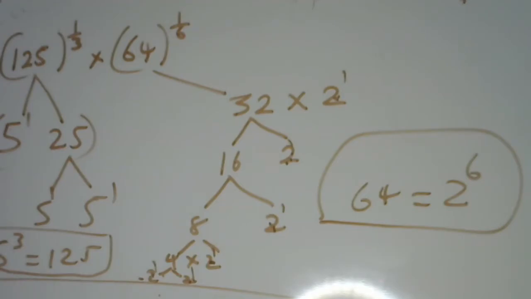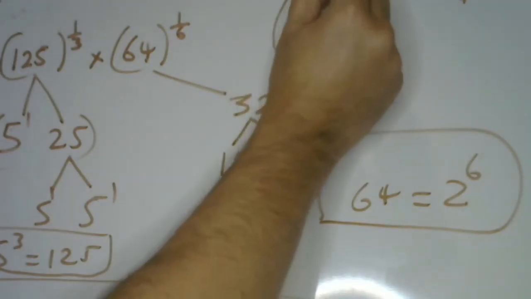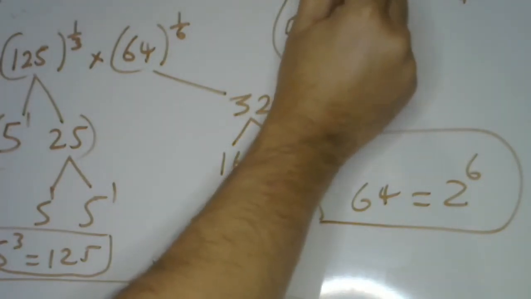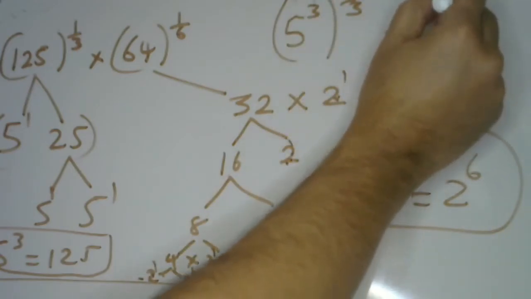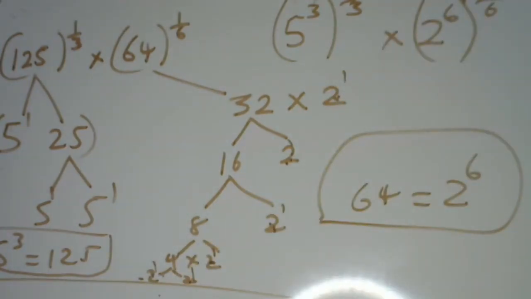So we can further reduce this problem to 5 cubed to the 1/3 times 2 to the 6 to the 1/6.